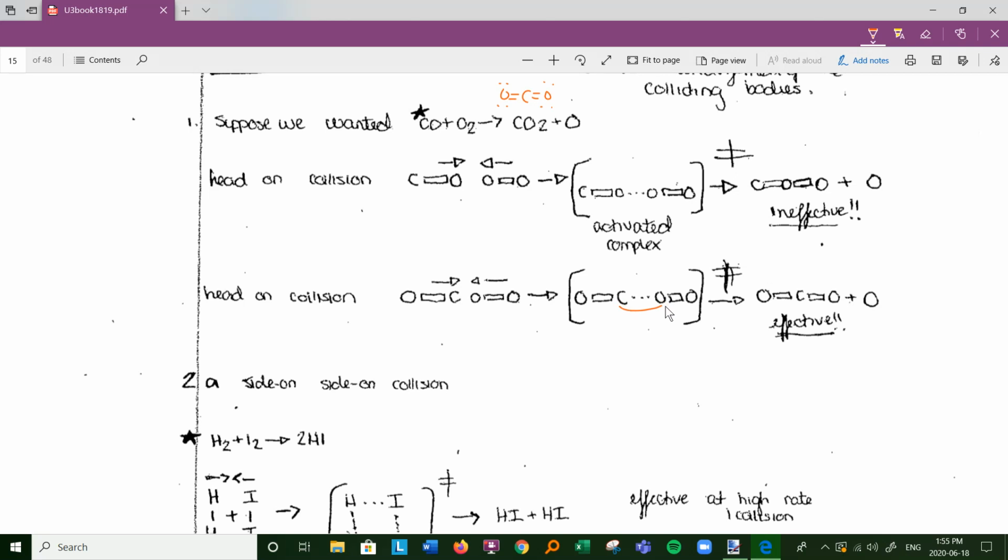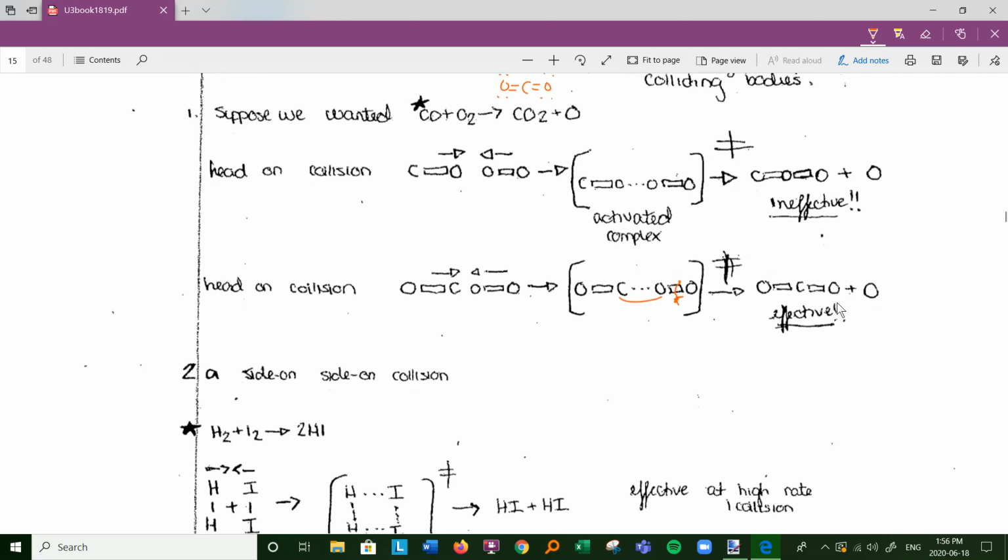You have carbon monoxide with O2, and this bond starts to break, and so you get OCO plus O. So again, the end of the molecule that does the attacking is important. That's the orientation, the directionality, and that's important. So you want to try to find ways so that the carbon end of carbon monoxide attacks the oxygen of O2 more often than not.